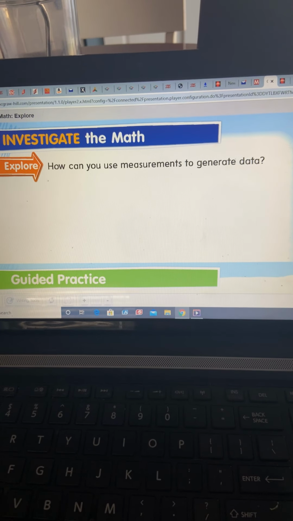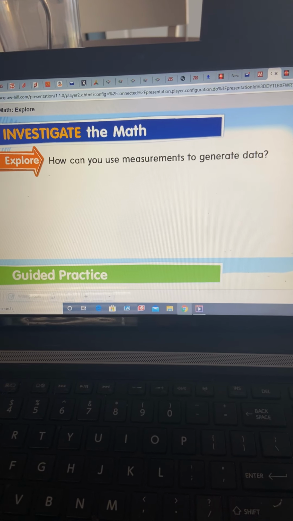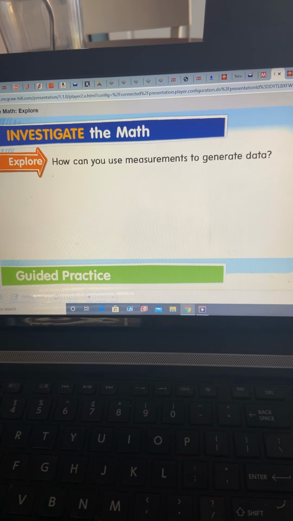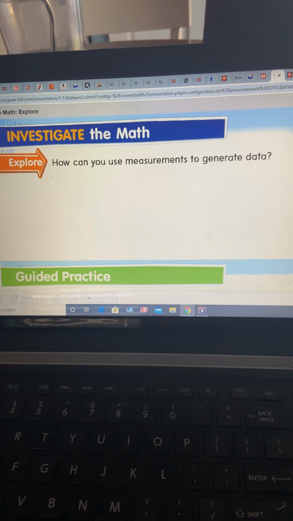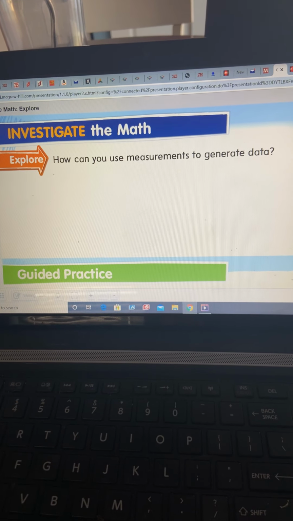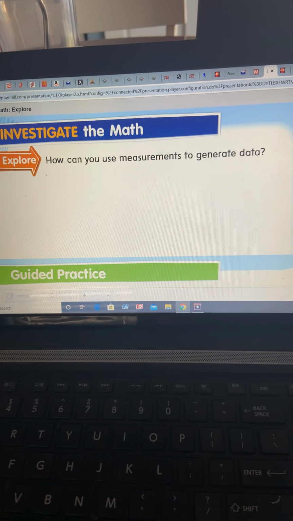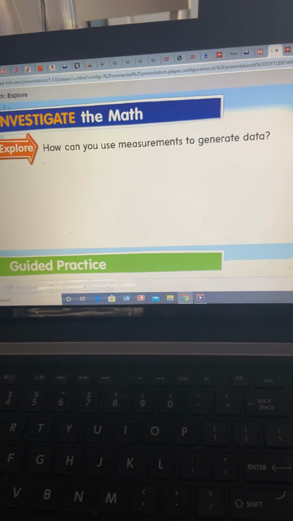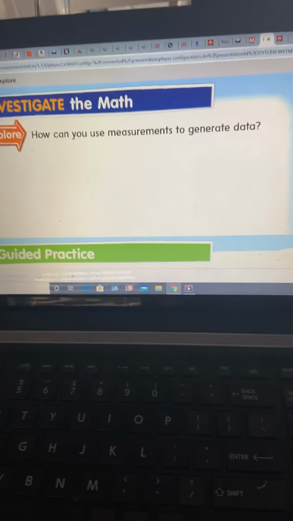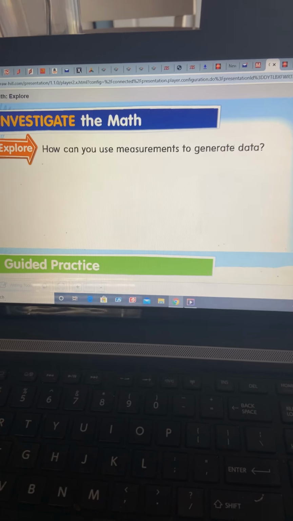So the reason that we're doing this lesson in this chapter is that we're sort of tying together what we've learned about measurement to using a line graph, okay, or a number line. So if you went around your house and picked up all the pens and pencils that you have, most of them will probably be the same shape.